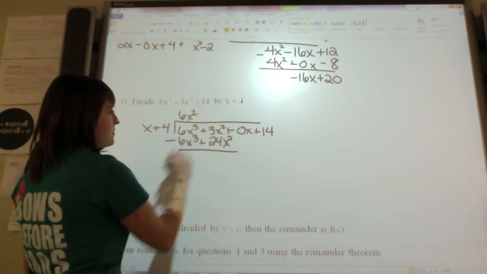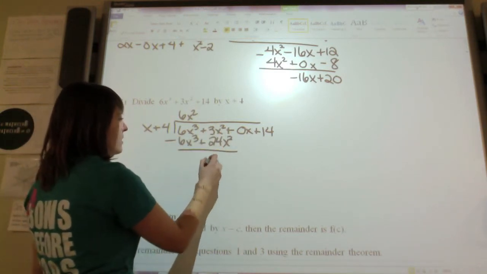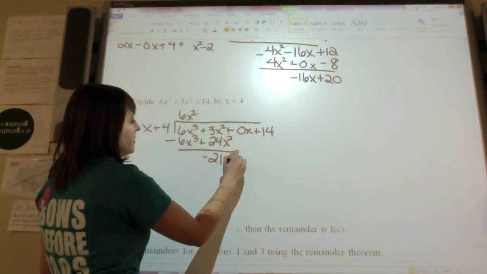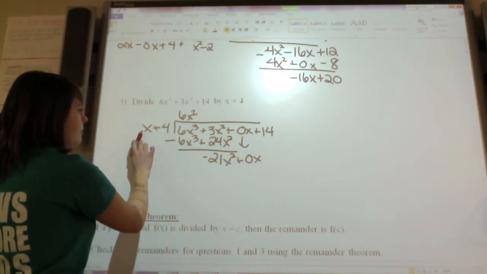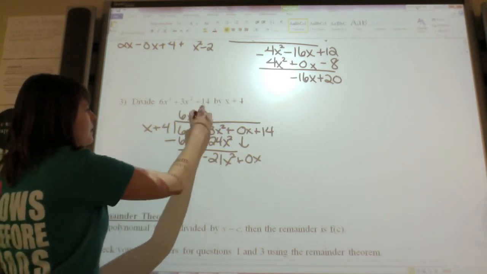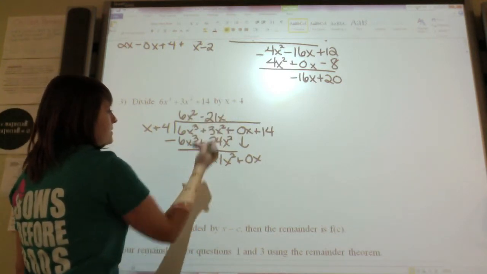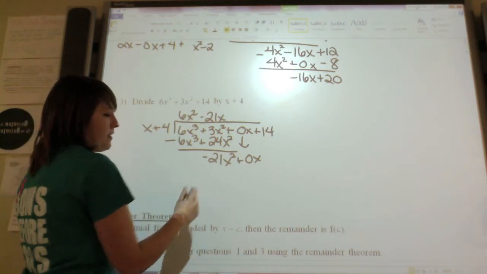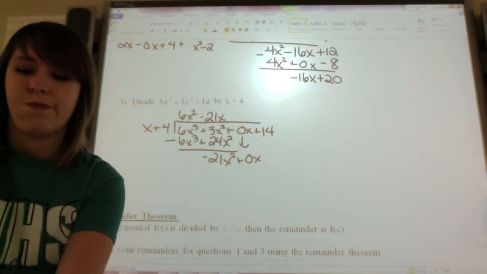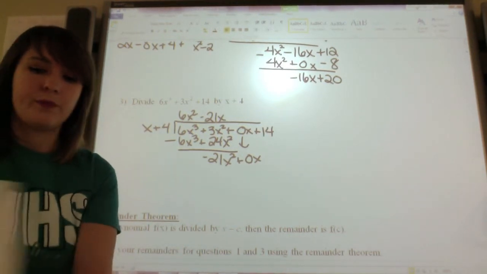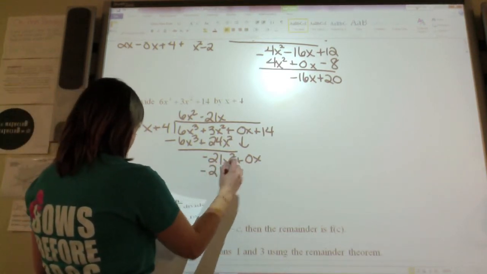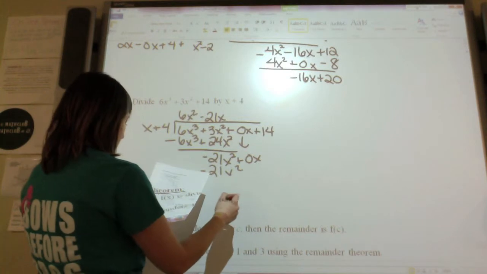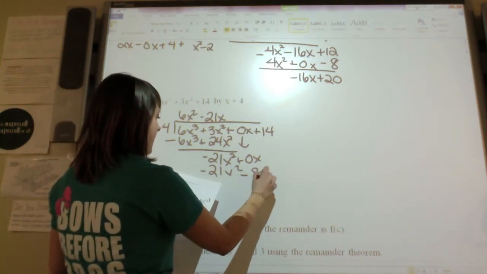When I subtract, 3x squared minus 24x squared gives me negative 21x squared. I can bring this guy down. I need to say what do I multiply this by to get this, and the answer is negative 21x. So now when I multiply that through, I've got negative 21x squared minus 84x.